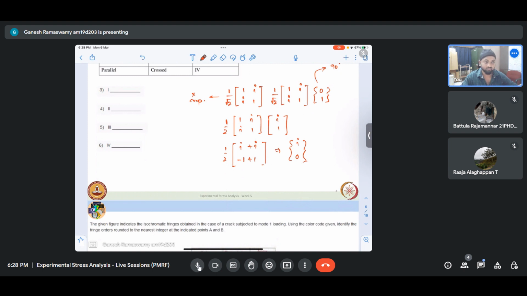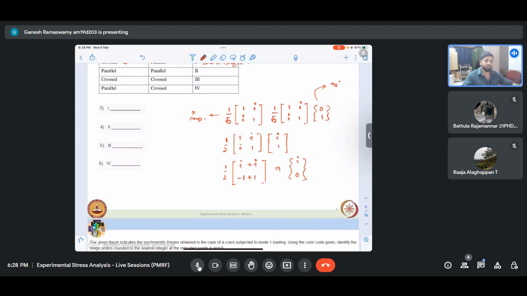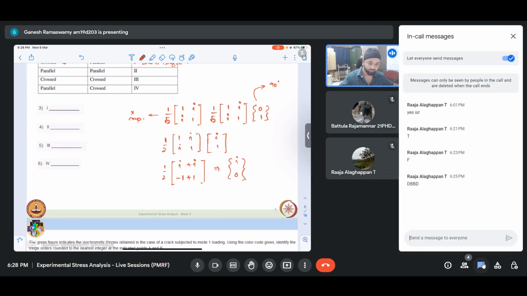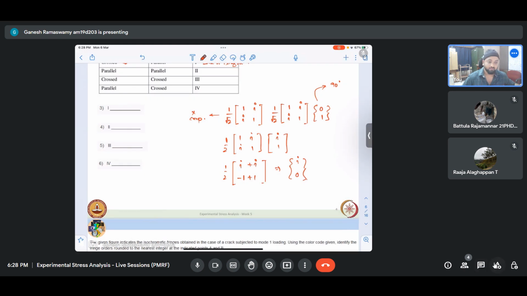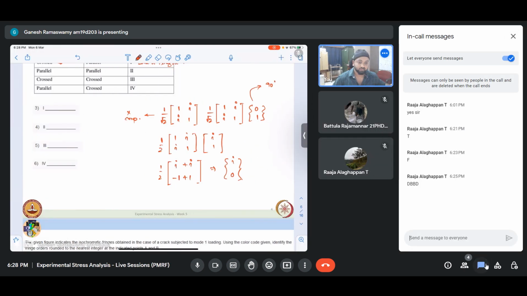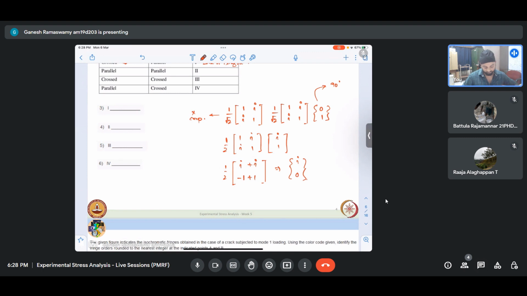So any guesses on what this is? We had one answer from someone: dark, bright, dark, bright, bright, dark. Okay, so let us see. Essentially, we need to look at the x component, which means we have to look at the first component of this light vector.